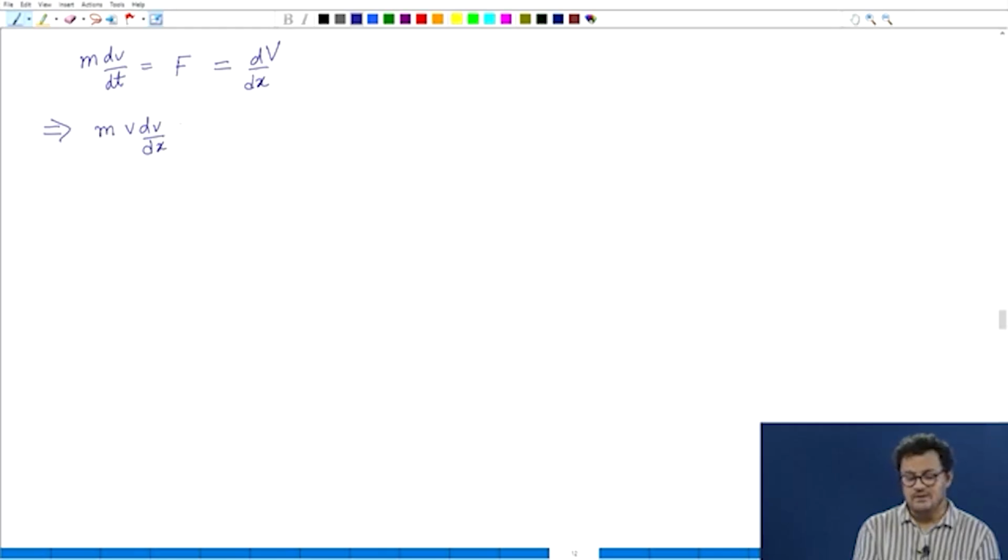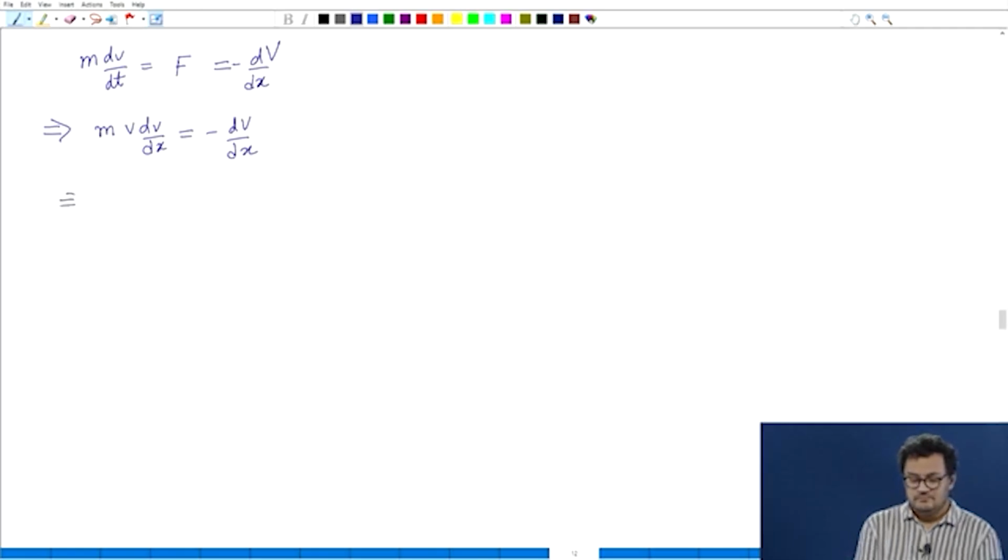So this is v dv/dx. Now let us do something a little bit more attractive so that people can relate. I would say f is not dV/dx, but it is minus dV/dx. No problem, this all depends on how you define V. So I can write that this is m small v d small v/dx equal to minus d capital V/dx.